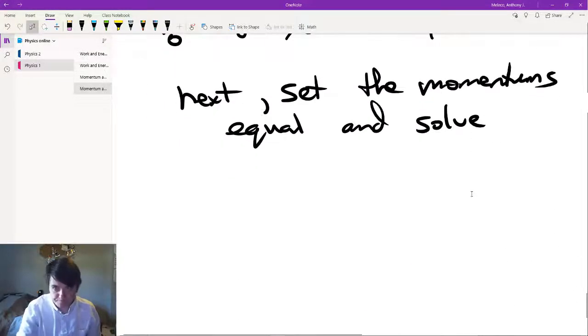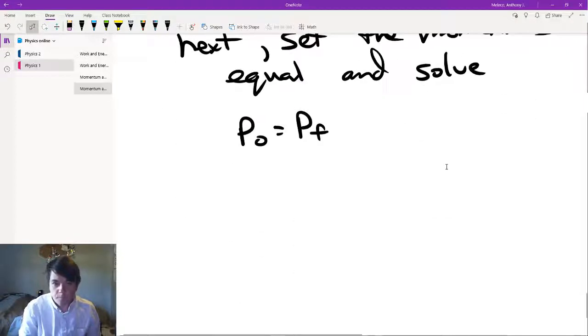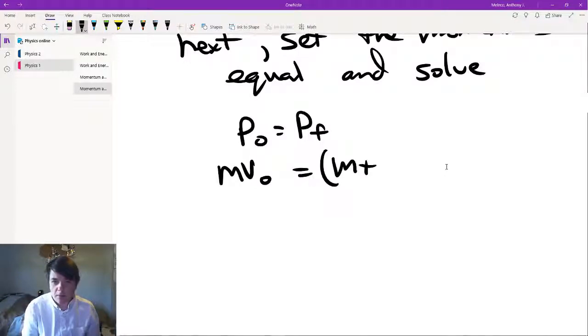Okay. So we set P initial equals P final. P initial was just m v naught because the second one wasn't moving. And then the second part was just m plus m v final.